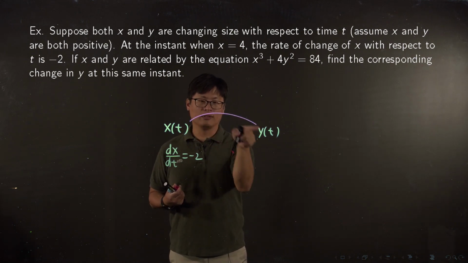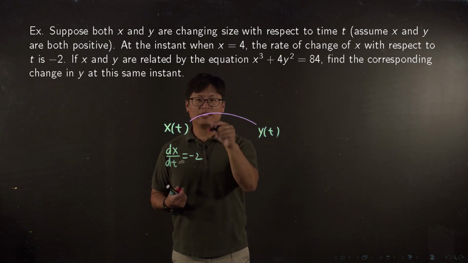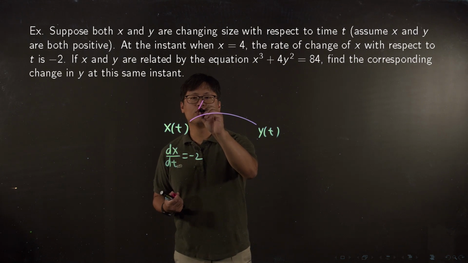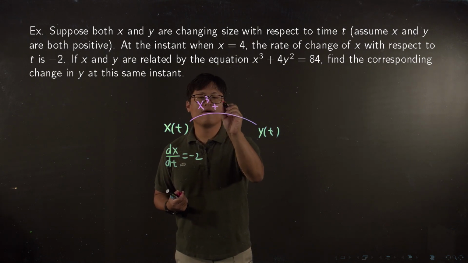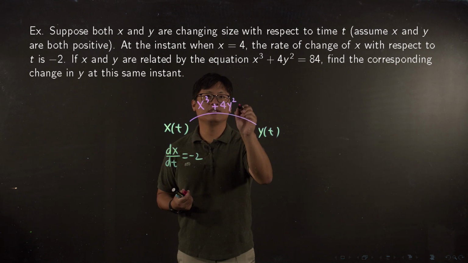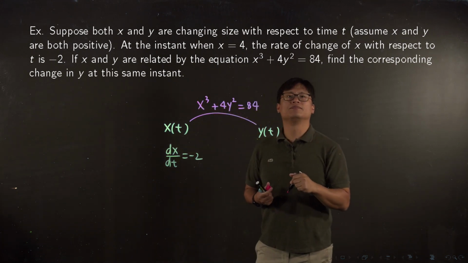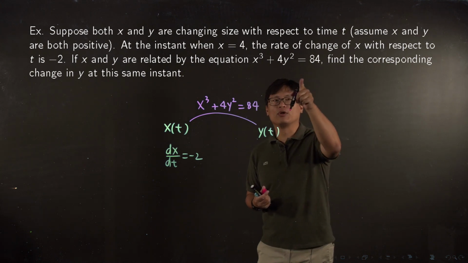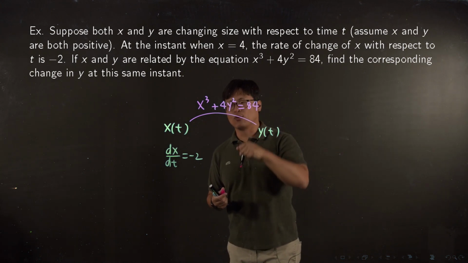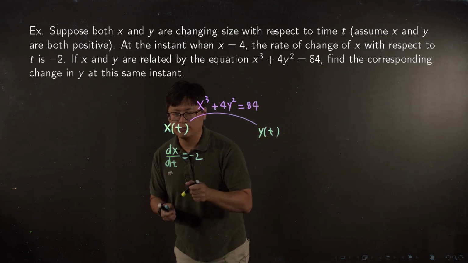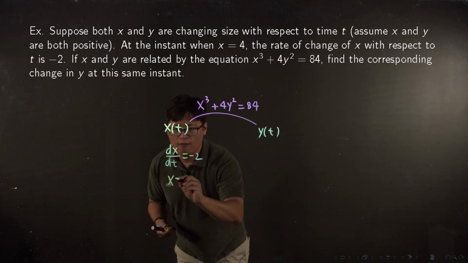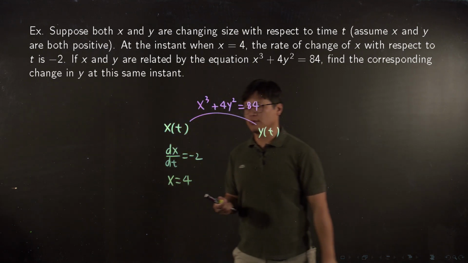Just connect these two by this bridge, right? Equation is x cubed plus 4y squared equal to 84, okay? Oh, I missed one thing. At the instant when x equal 4, that's also important information, okay? Your x equal to 4 at this instant.